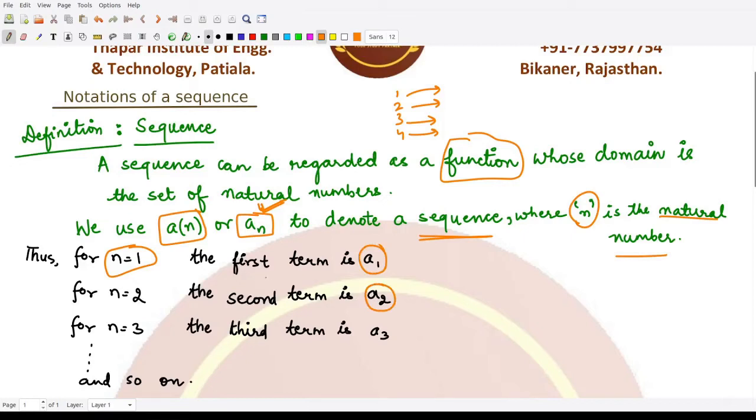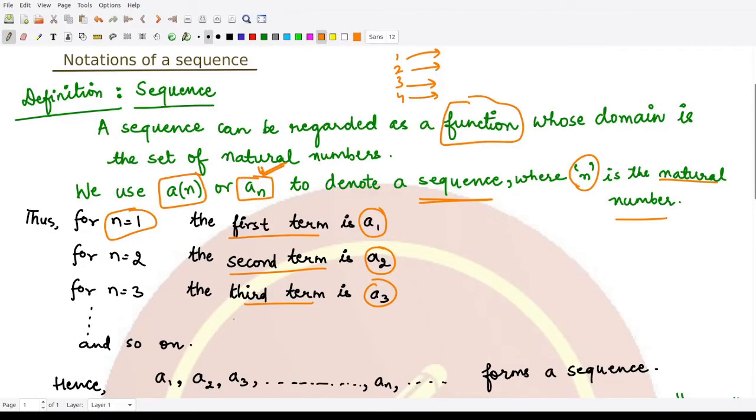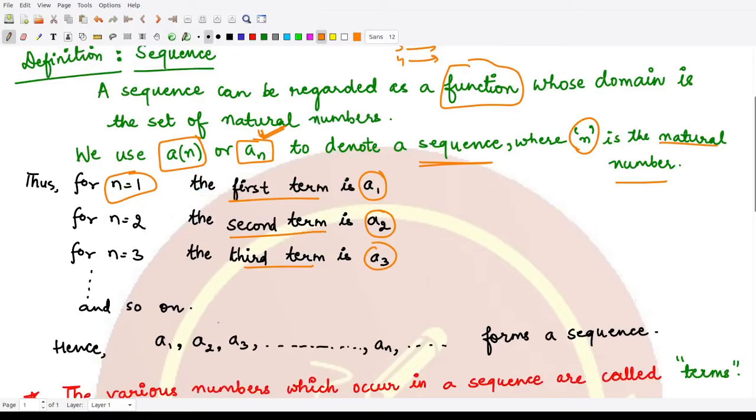So we have a1 as our first term, a2 as the second term, a3 as the third term when n is 3, and we keep on doing like this, so that we have different terms present for our sequence. That means our sequence becomes a1, a2, a3, a4, a5, a6, and so on. At the nth place we have an.